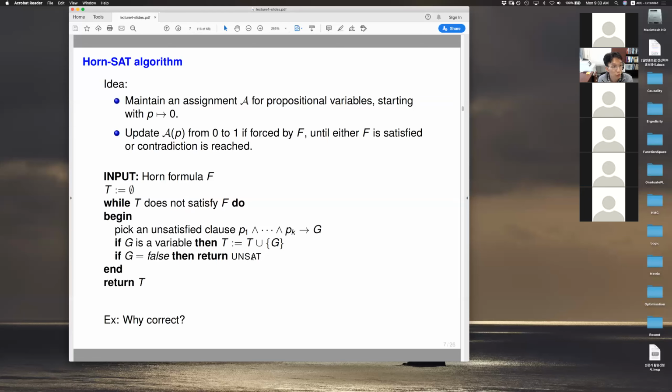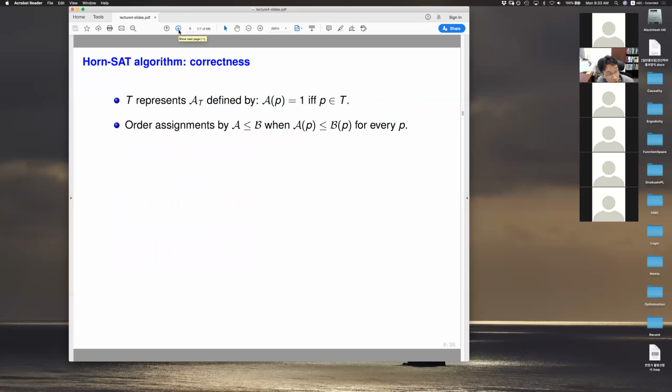So when we argue the correctness of this algorithm, we have to make sure two bad things don't happen. The first, it doesn't go into the infinite loop. Second, whenever this algorithm returns unsat, this formula f is actually unsatisfiable. These are the two things that the proof of correctness has to show. So here's how the proof goes.